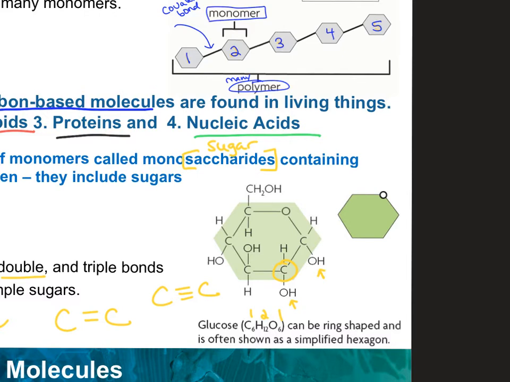So this glucose molecule that we see right here, this whole thing, this is one monosaccharide. So if I wanted to talk about the monomer of a carbohydrate, a monosaccharide would be the generic term. Glucose is an example of a monosaccharide.